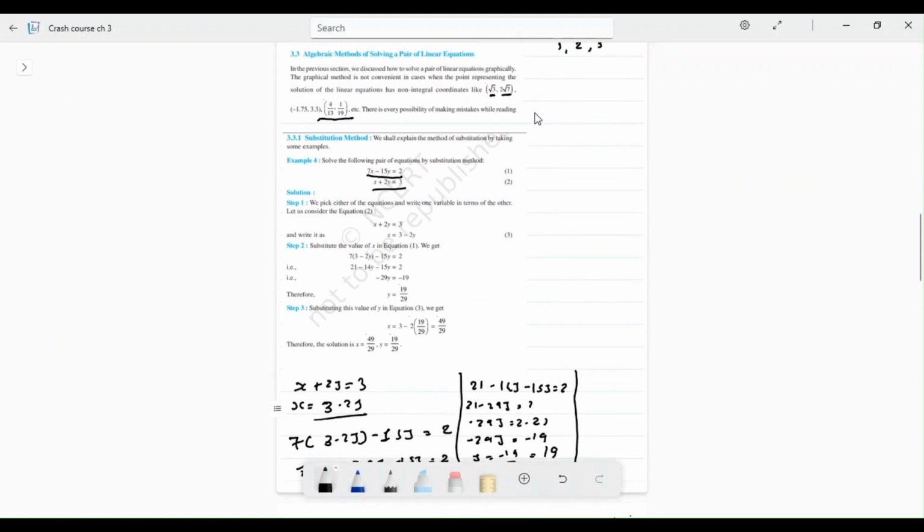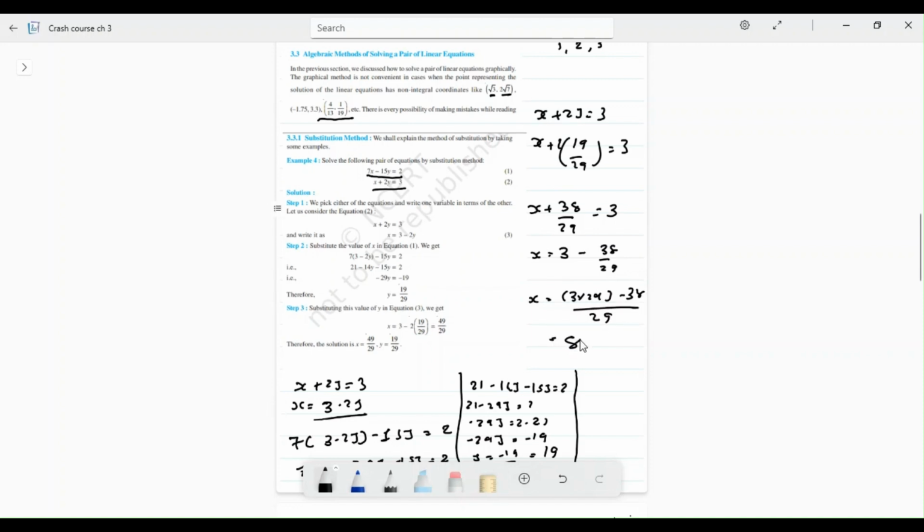If we write x plus 2y is equal to 3, instead of y we place 19 by 29, so x plus 38 upon 29 is equal to 3. x is equal to 3 minus 38 upon 29, so x is equal to (3 multiplied by 29 minus 38) divided by 29, which is equal to (87 minus 38) divided by 29, which is equal to 49 upon 29. So the value of x is 49 upon 29 and the value of y is 19 upon 29.